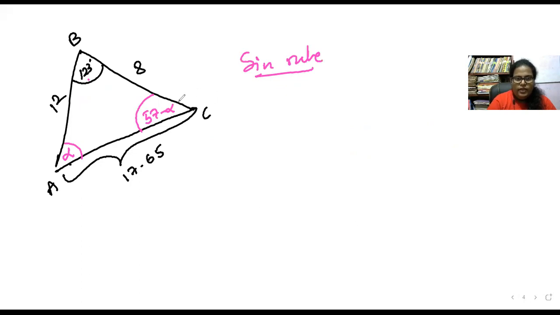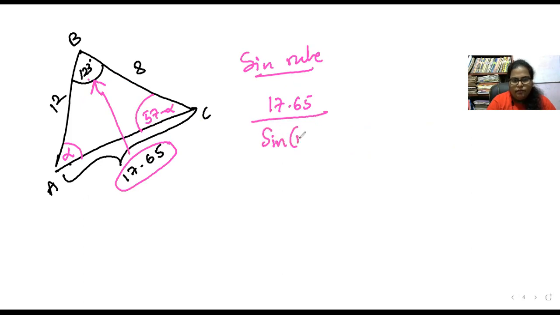And when I'm taking this one, we can apply the sine rule. First, I'm taking this length, 17.65, divide by the opposite angle, which is 123. So sine 123 equals, taking this length now, 8 divide by the opposite angle, alpha, sine alpha.